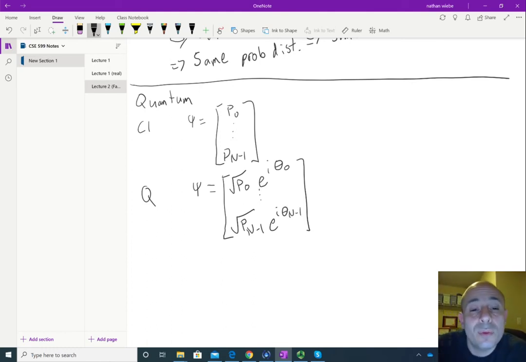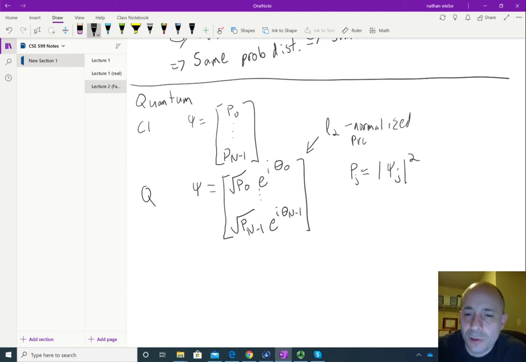We can see from this that the probability p_j equals the square of the absolute value of psi_j. So this is an L2-normalized probability distribution.